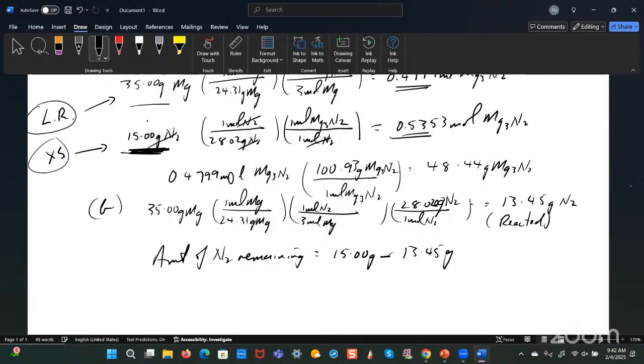So that works out to be 1.55 grams of nitrogen remaining. That's how you do the D part.